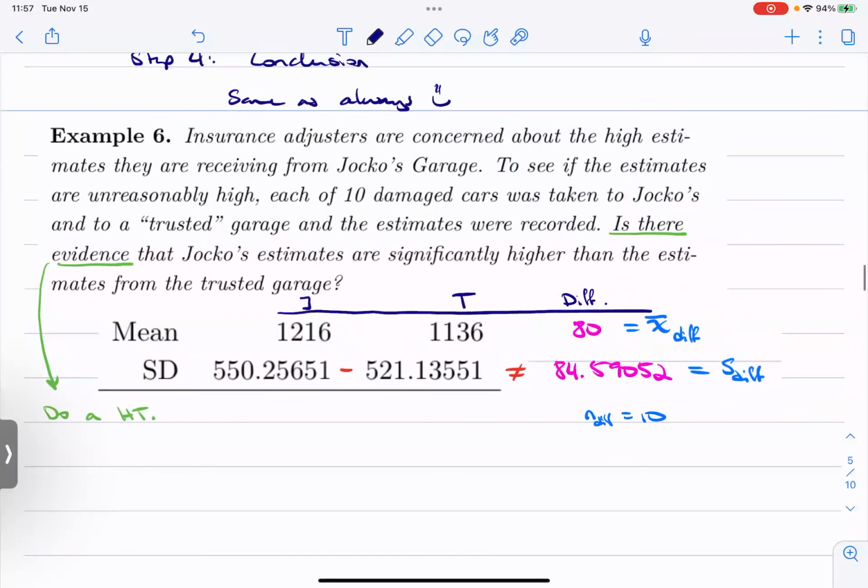If we read this, to see if the estimates are unreasonably high, each of 10 damaged cars was taken to Jocko's. So there's no mention of randomly selecting these 10 cars. I just want to show you how to deal with that. We're really just assuming that all these cars are independent of each other.